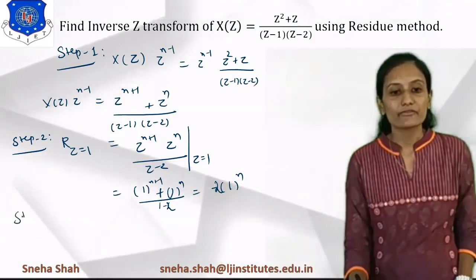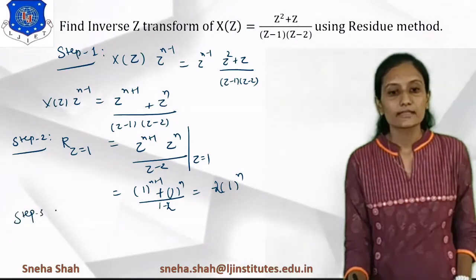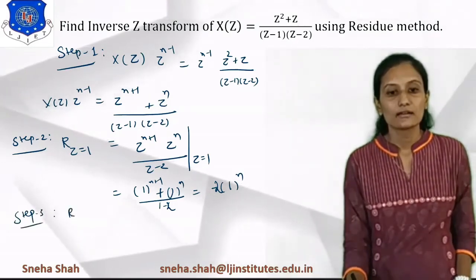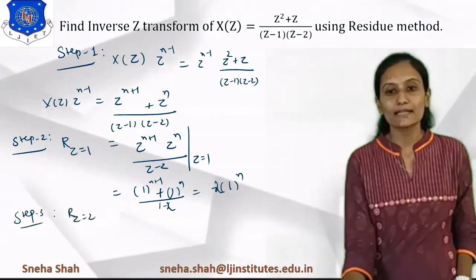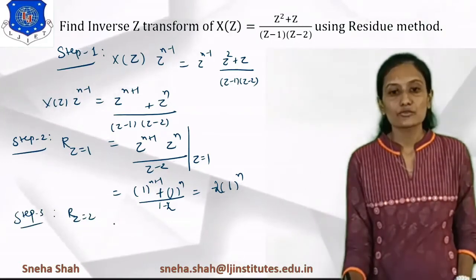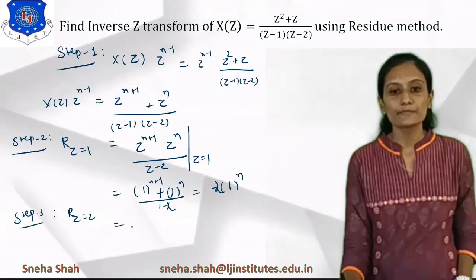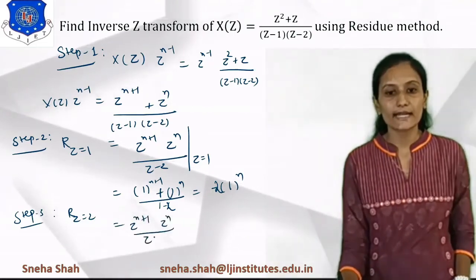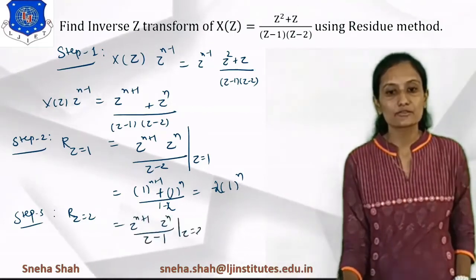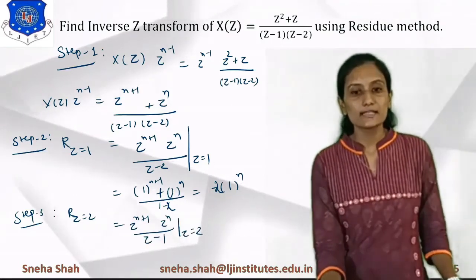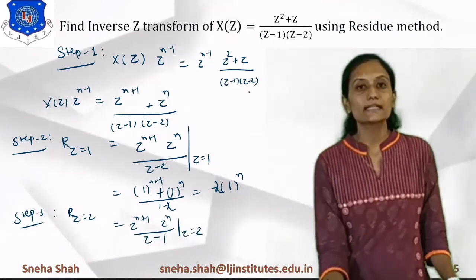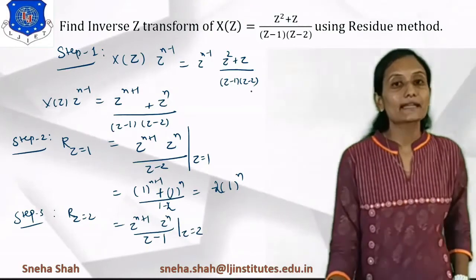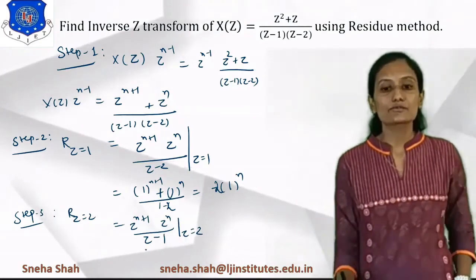Now similarly I am finding the residue at z equals 2, the second factor, right? So what is the residue at z equals 2? z raised to n plus 1 plus z raised to n, upon z minus 1, at z equals 2. In this we have removed this factor because we are finding the residue at z equals 2, so I am taking the value z equals 2.